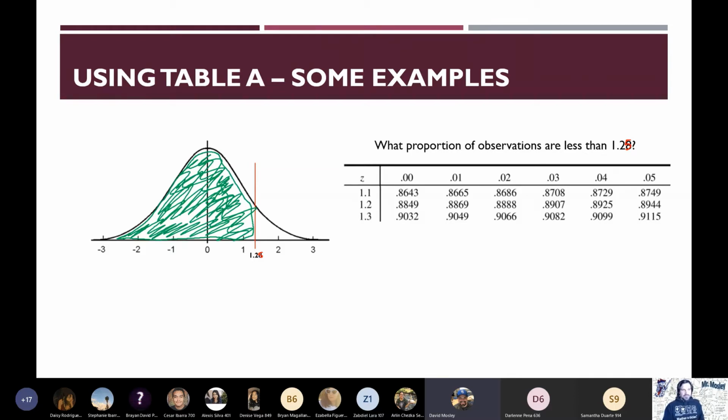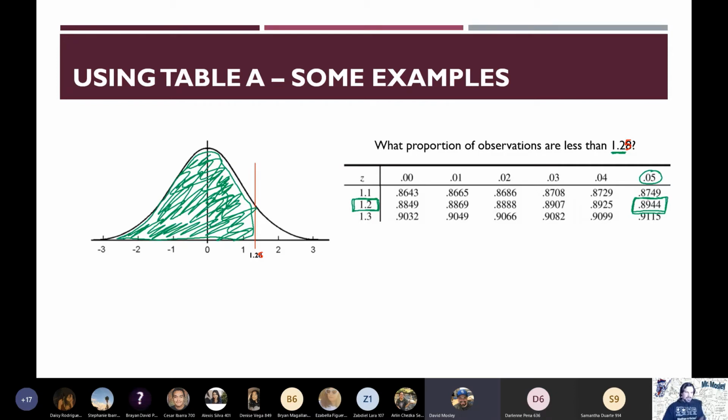So again, I'm going to start by finding essentially the root of this number, which is 1.2 in the left-hand column with z. And I'm going to find 0.05 in the row across the top. And then I find the intersection of those two things, and that's going to be this number here, 0.8944.